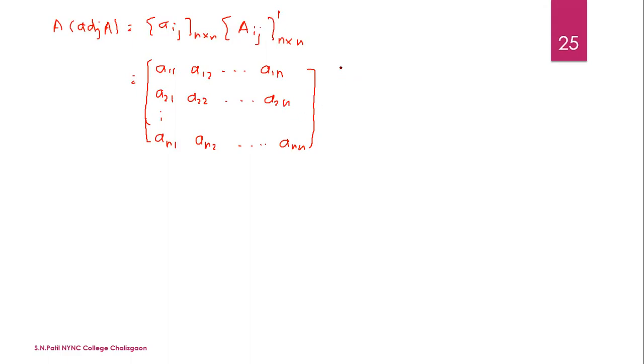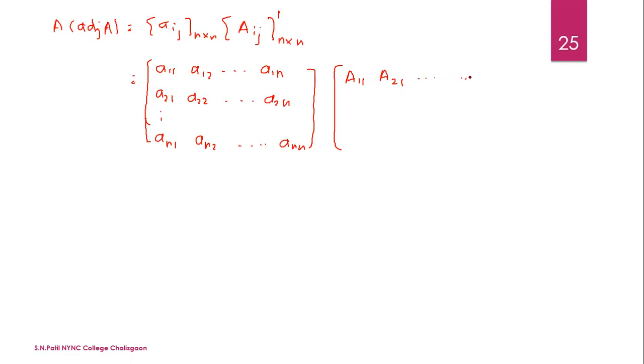Now, here Aij is a cofactor element, and we take its transpose. That's why the first column is A11, A21 up to An1, because this is the matrix of cofactors, and then its transpose. The first row becomes the first column, the second row becomes the second column, in this way.